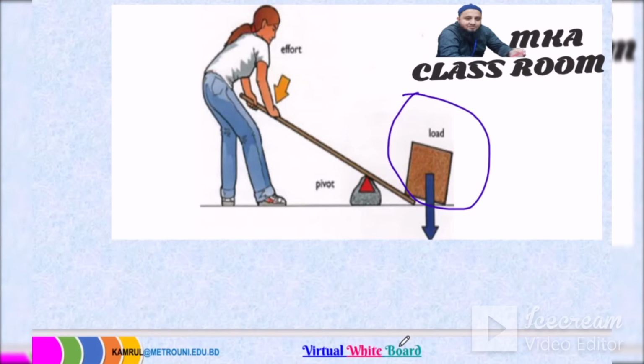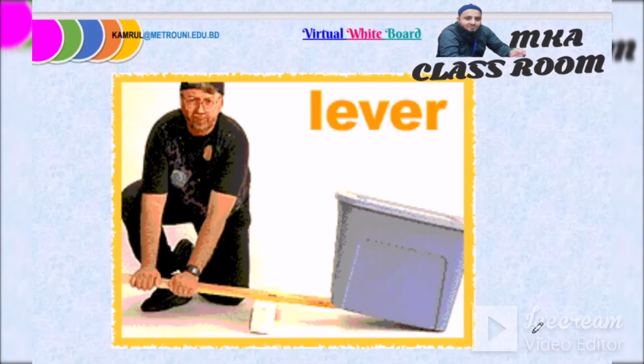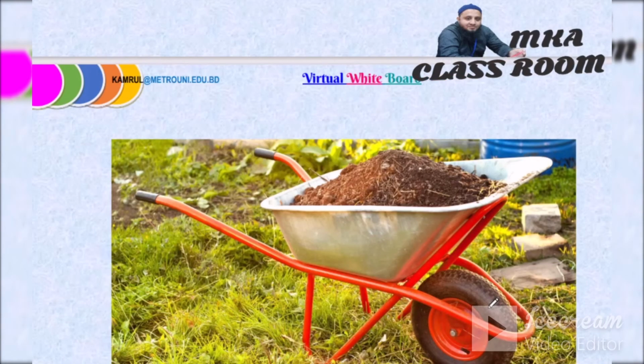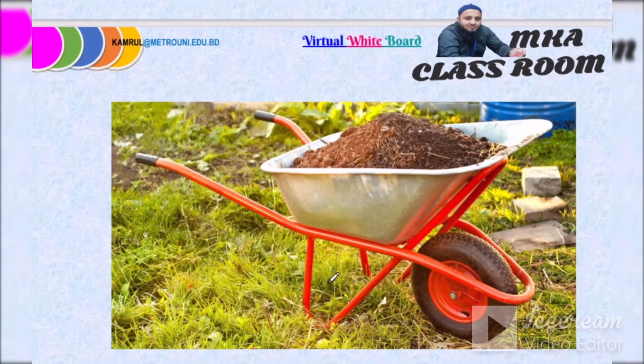Here also this man used a single piece of stick to lift this box. Here you are seeing a huge amount of mud, and these are the machines which will help you to carry it very easily.